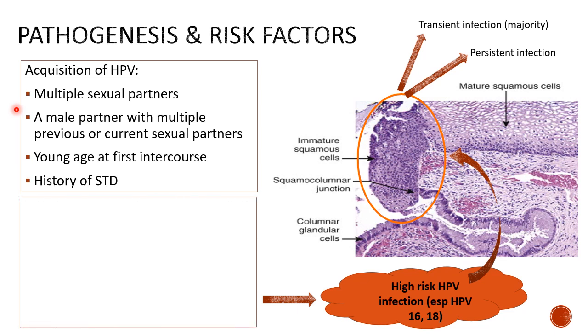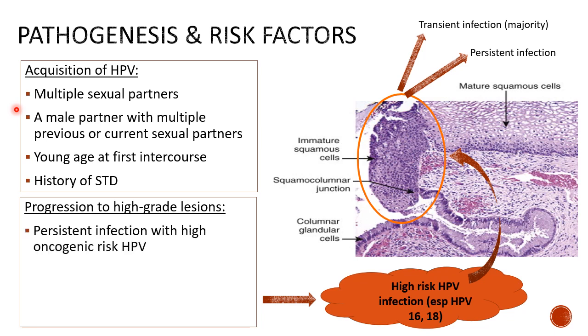So there is another set of risk factors which can be associated with progression of HPV infection into developing high-grade lesions. Point number one, if someone has a persistent infection with high-risk oncogenic HPV, then they are more likely to develop high-grade squamous intraepithelial lesion as well as subsequent cancer.